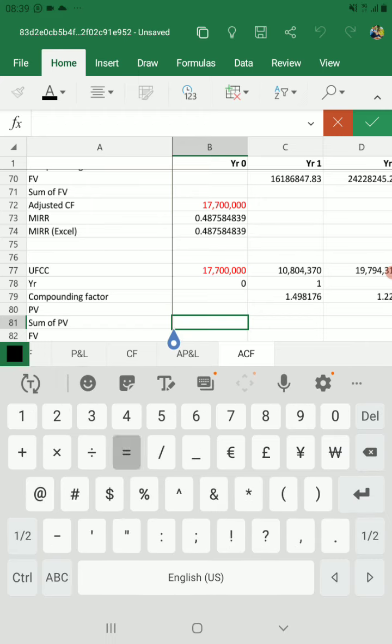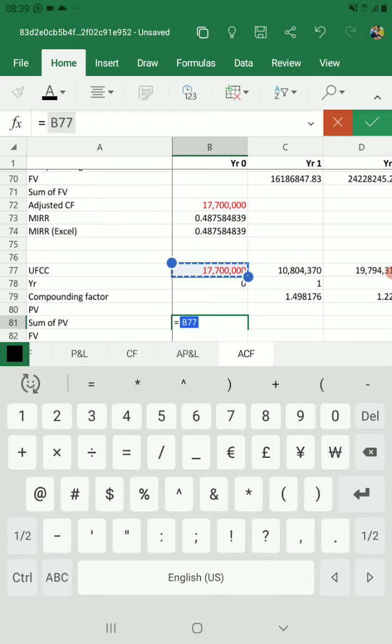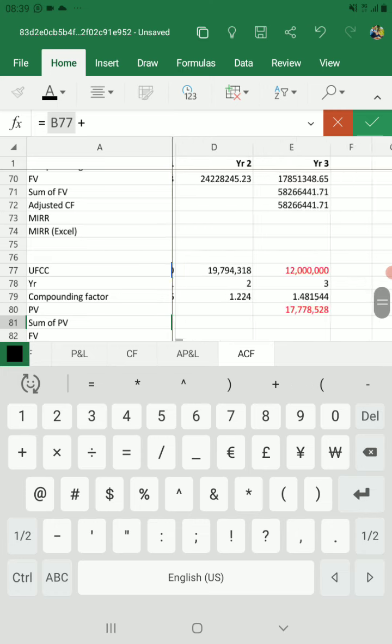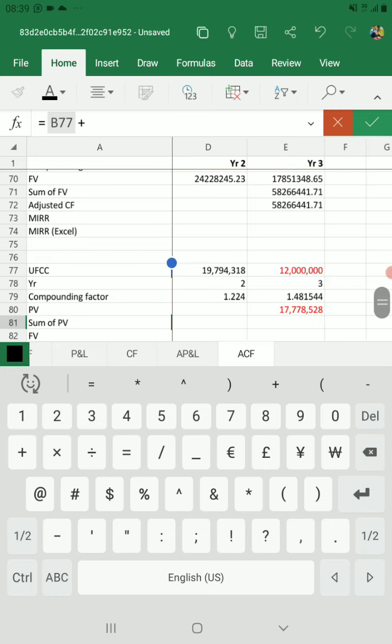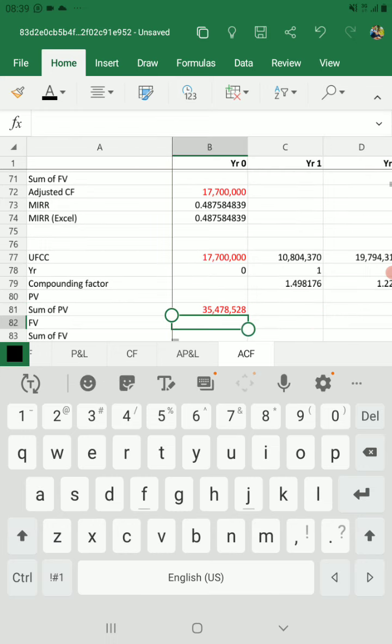Start with equal sign, original one here, unlevered free cash flow at year 0, and then plus the one we had computed in year 3, this one. Press enter. So that is our sum of present values.